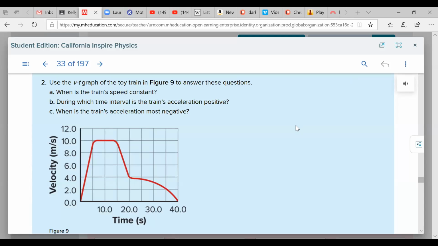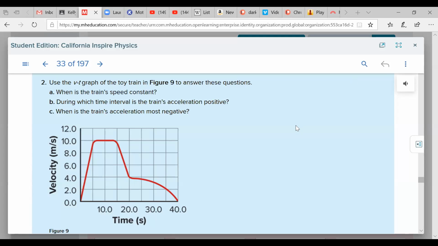Any ideas? When is the acceleration positive? Phone a friend. Anybody want to step up, volunteer? Who hasn't spoken? Who wants to tell us when is the acceleration positive?